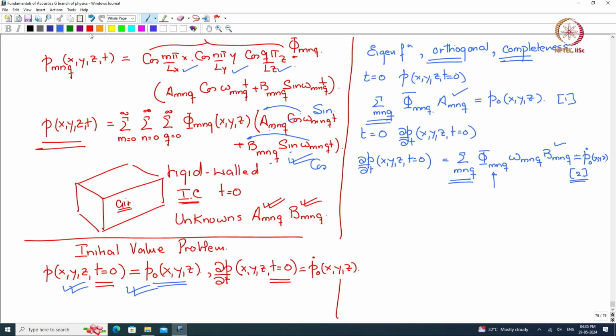If I have an integral from 0 to Lx, 0 to Ly, 0 to Lz of phi_mnq, phi_rst, dx dy dz, that is equal to gamma_mnq if m is equal to r, n is equal to s, and q is equal to t.